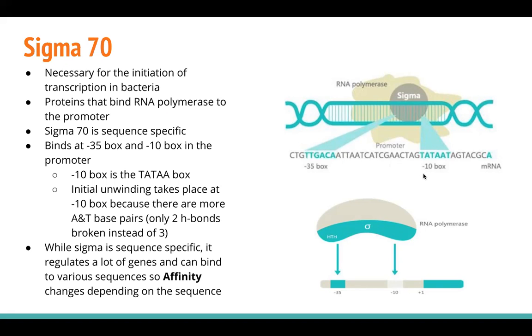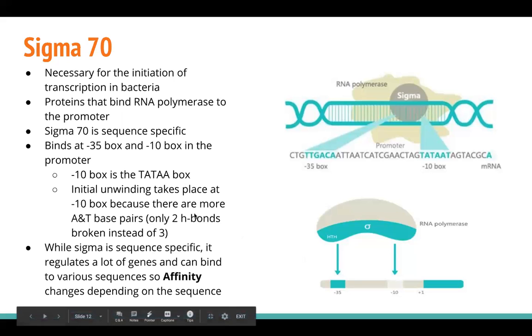The -10 and -35 just relate to the position of the nucleotides within the DNA strand, in relation to the start site. If you look in the bottom diagram, the +1 would be where the start site is, and then -10 and -35 are just upstream of that. That's why it's negative, to the left of it. So it binds to these two boxes.